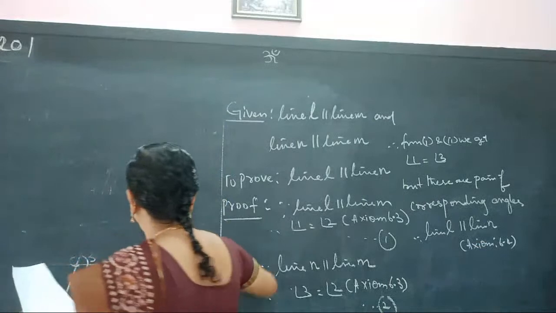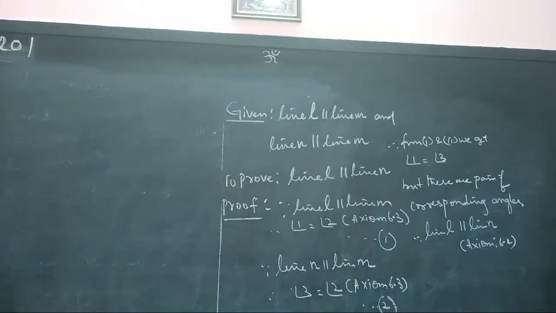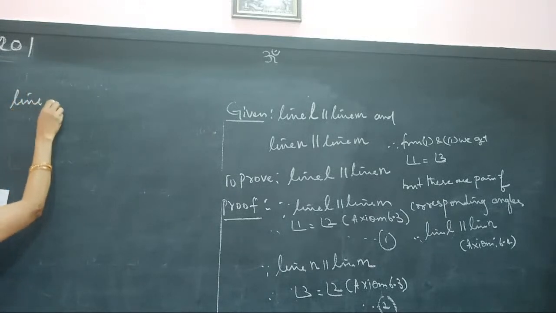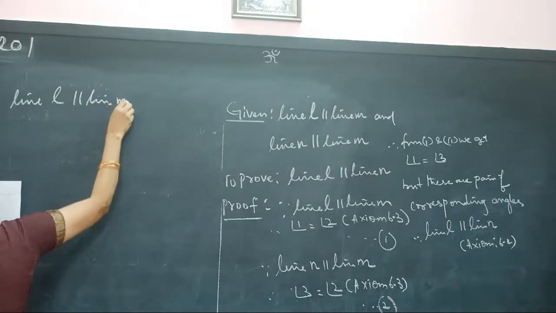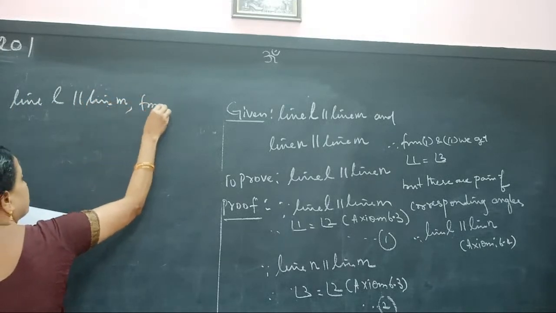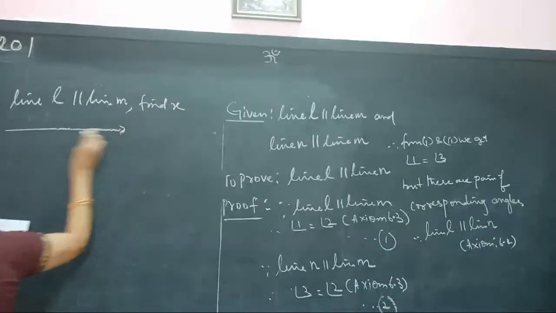This assignment worksheet I have not sent. Take the question in figure. Line L is parallel to line M. Find X. I think this worksheet I have sent. Take the figure.